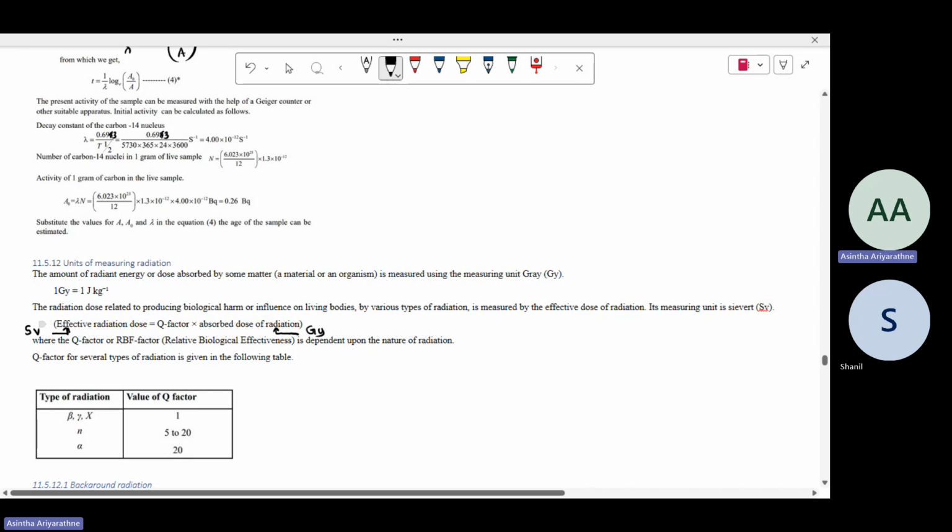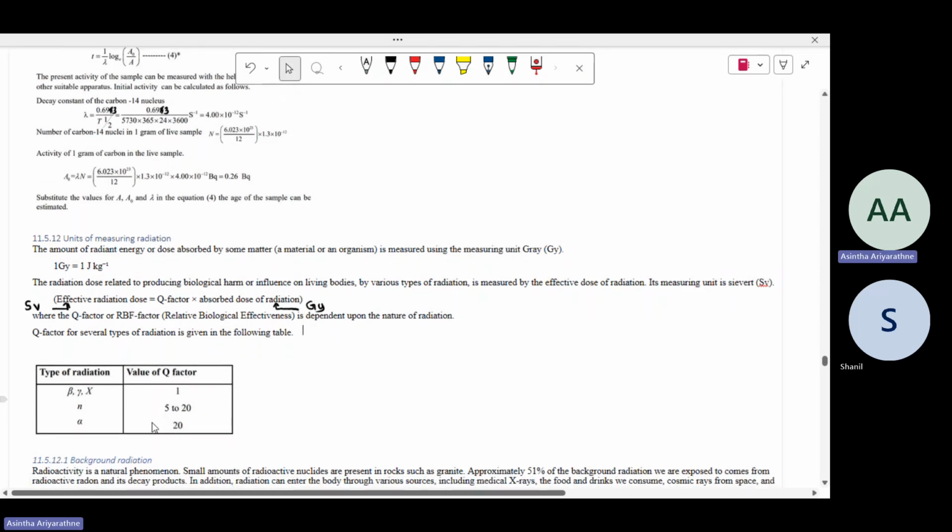Gray times the Q factor gives us sieverts. The Q factor is unitless and depends on the type of radiation. You don't have to remember these values, but you have to remember the equation.